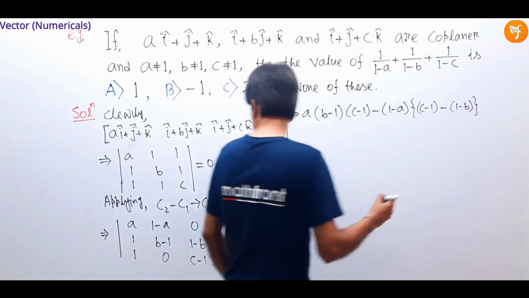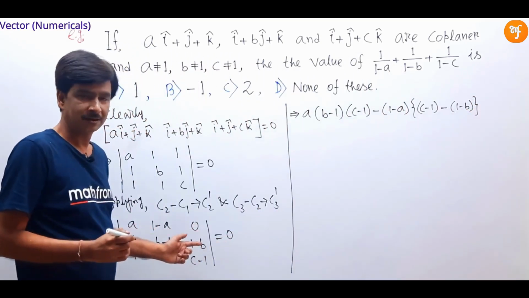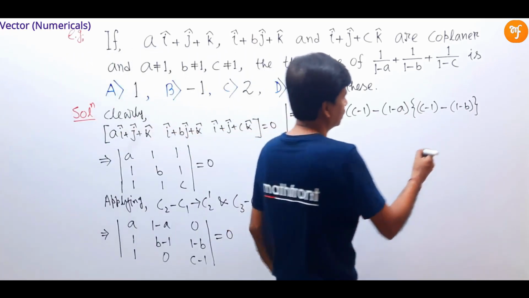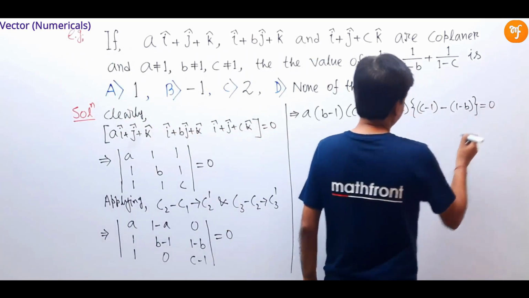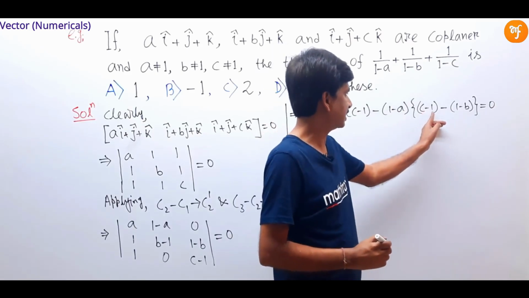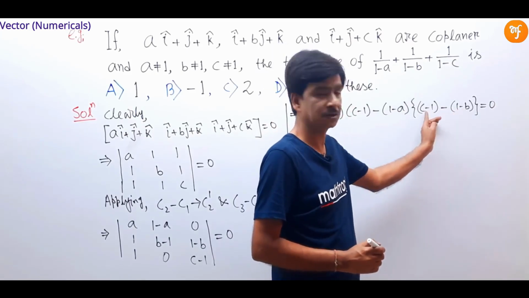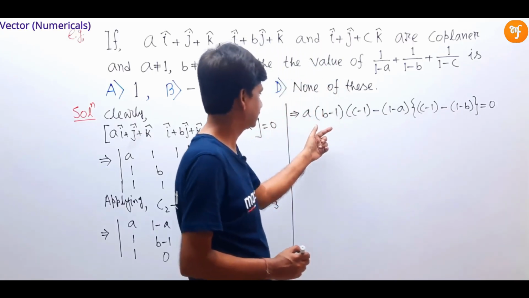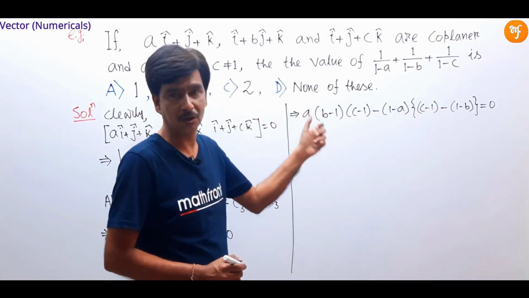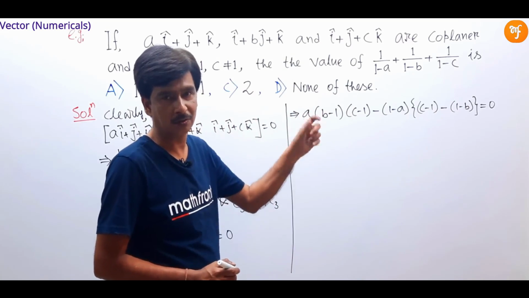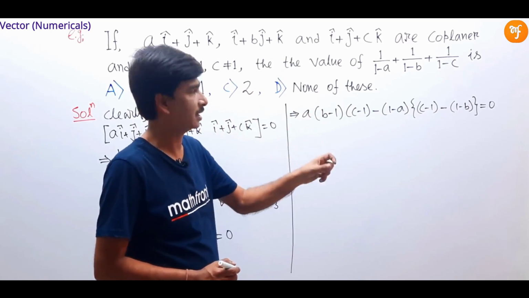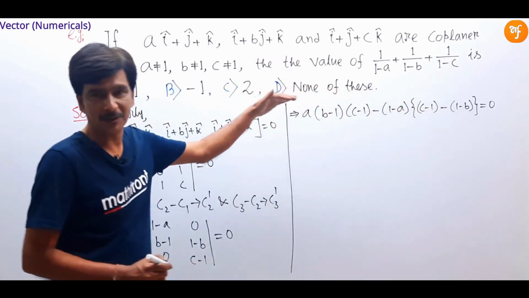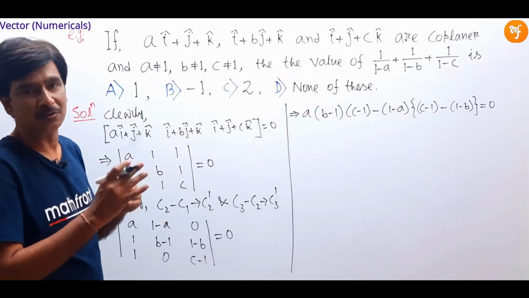Okay. And for this 0, the third part will be 0 and the right hand side is 0. So that is why we write this is equal to 0. We will not simplify this c minus 1 minus of 1 minus b, that is we will not write c plus b here, because we need the terms b minus 1 or 1 minus b, c minus 1 or 1 minus c, a minus 1 or 1 minus a, as 1 minus a, 1 minus b, 1 minus c are in the denominator of the expression whose value we have to find.